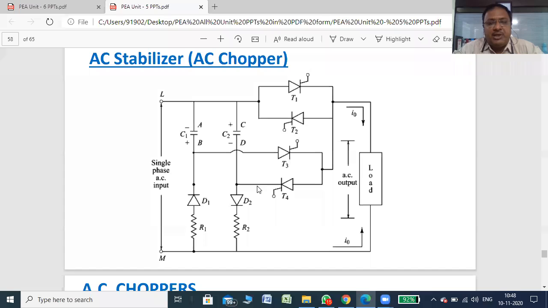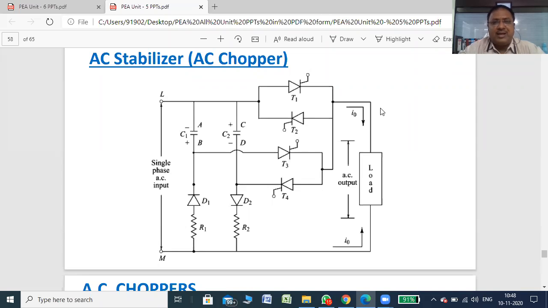So the AC chopper can be achieved with the help of triac circuitry. Okay, so triac is somewhat a low power device as compared to SCR.